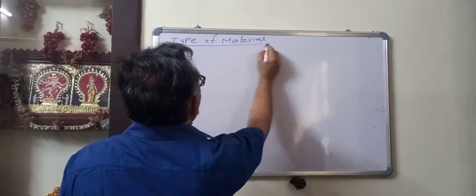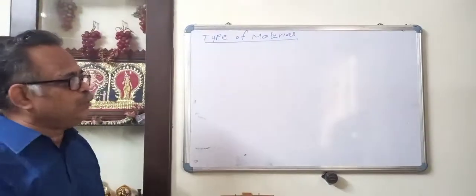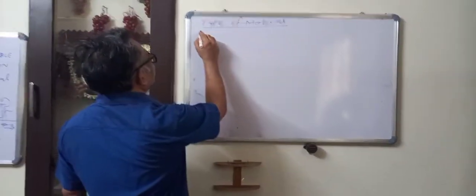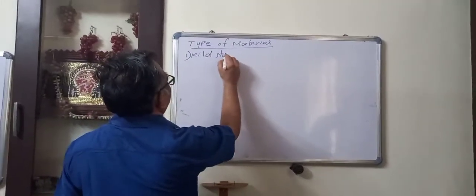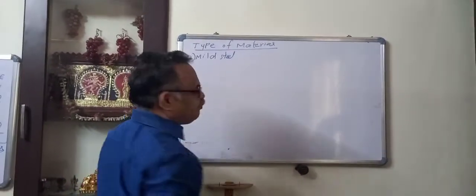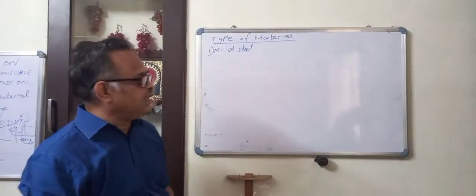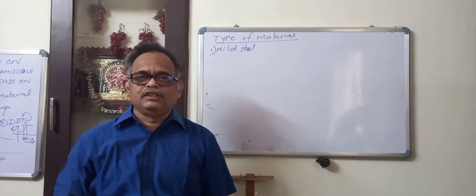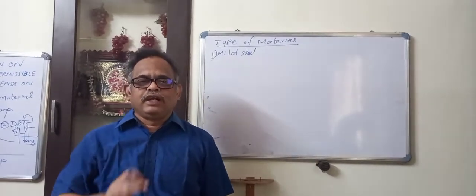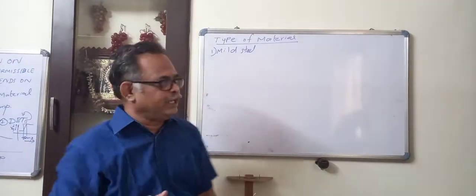And regarding type of material, there are three types of material. One is mild steel. The design philosophies, or the design allowable stress, are based on three broad categories of materials.